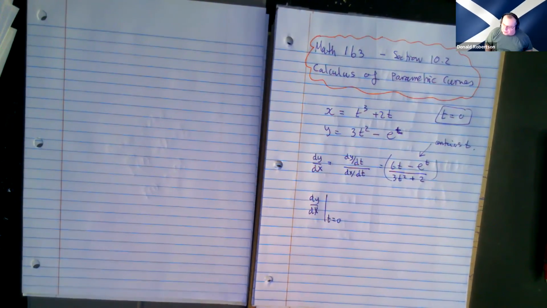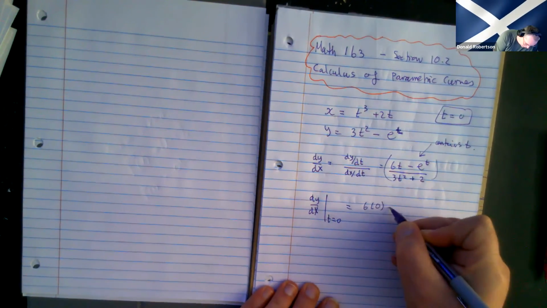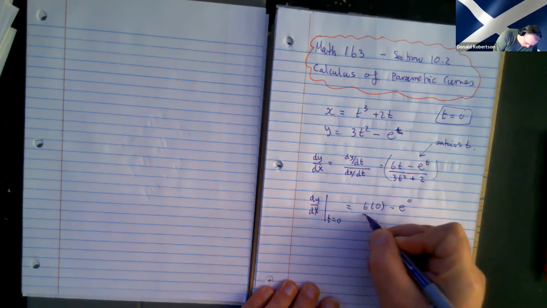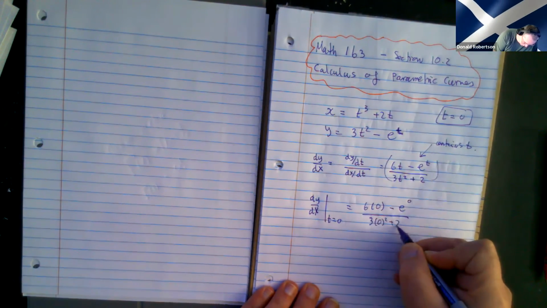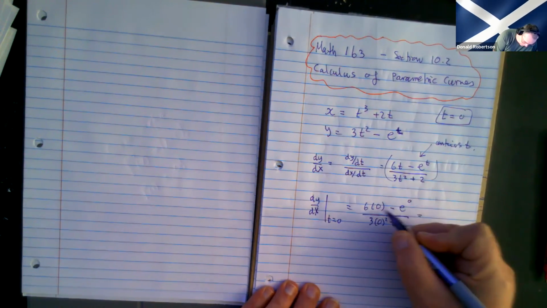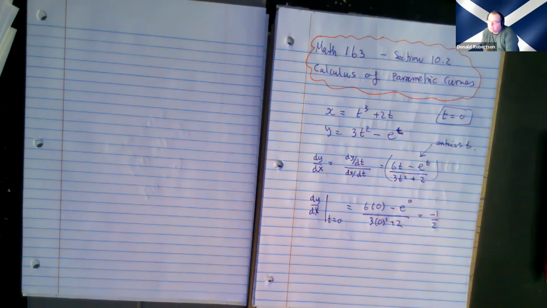You put a little vertical line and you put t equals 0. That's just a notation to tell people what you're doing. And in this case, it would be 6 lots of 0, take away e to the 0, over 3 lots of 0 squared plus 2. That's 1, that's nothing, so that's -1. It'd be -1/2.